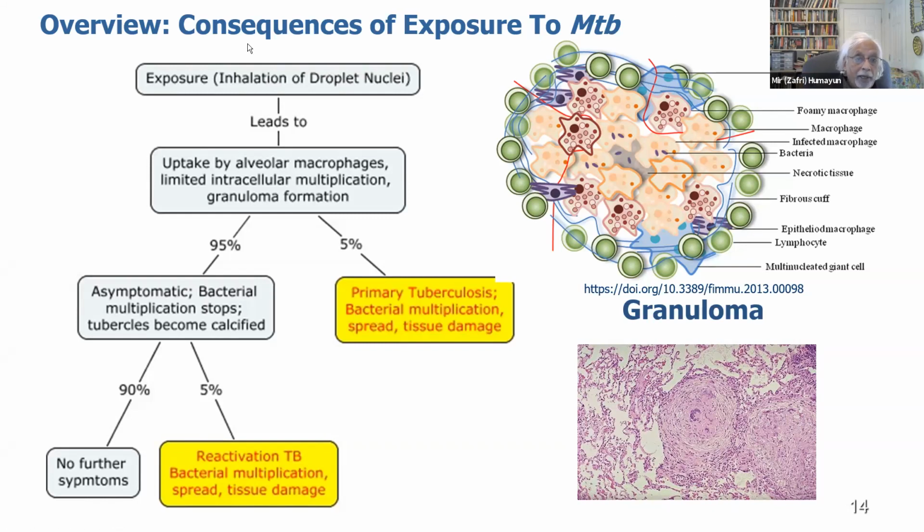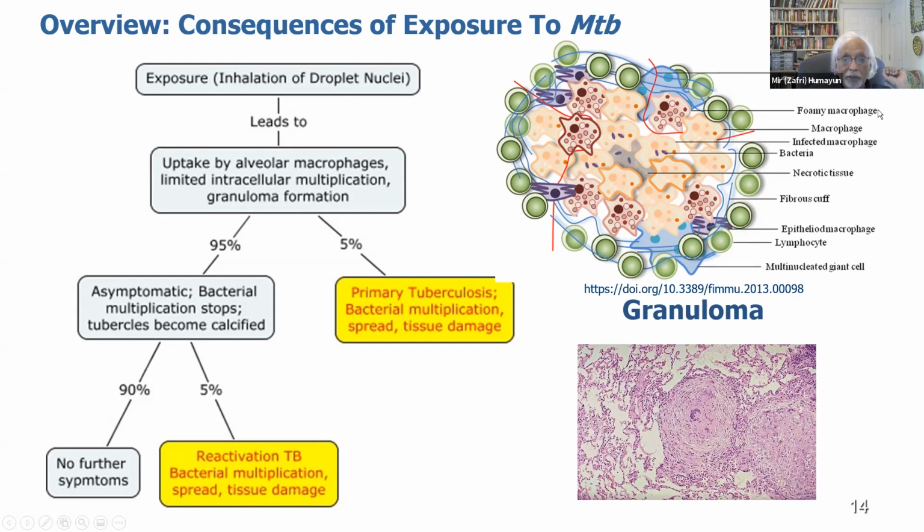Right? All right. The initial exposure and inhalation of droplet nuclei would lead to uptake of the organism by alveolar macrophages, those are macrophages in your lung, and limited initial intracellular multiplication, followed by formation of something called a granuloma.